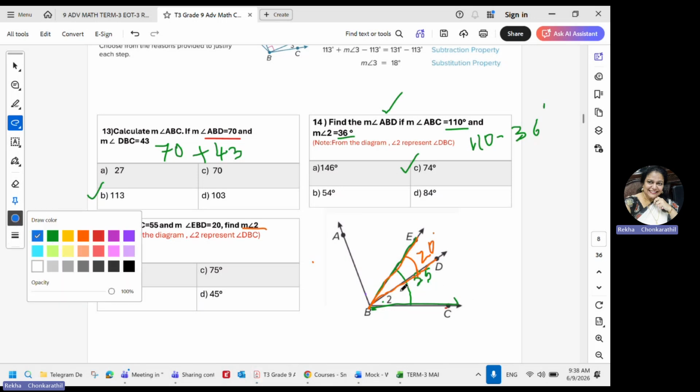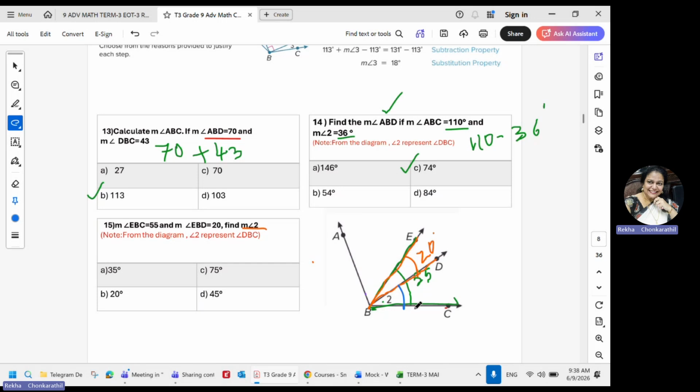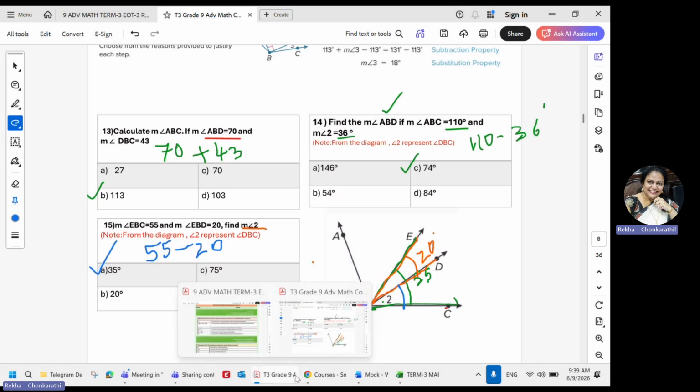Isn't it remaining part? This part. If the bigger angle is 55, the smaller part is 20. What would be the other smaller part? Will you add or subtract? You have to subtract. So you will have 55 minus 20, which is 35 degrees. So option A will be your answer for question 15. Hope you are able to understand.